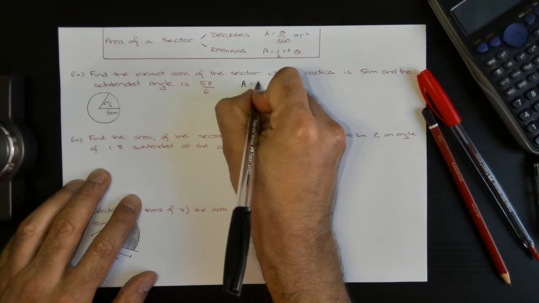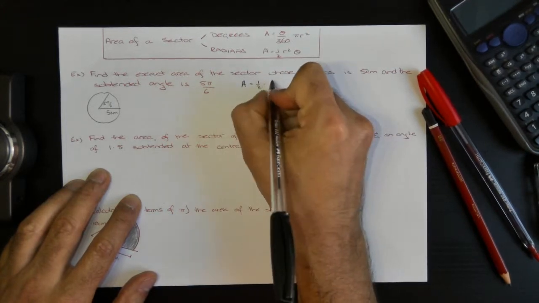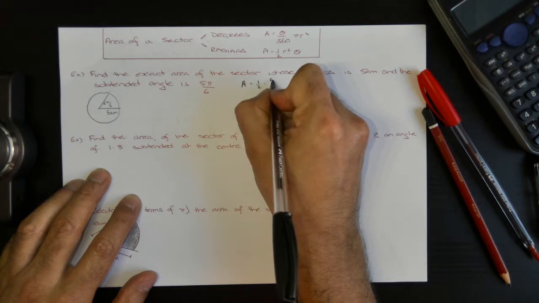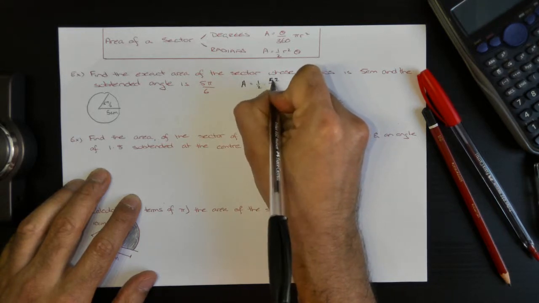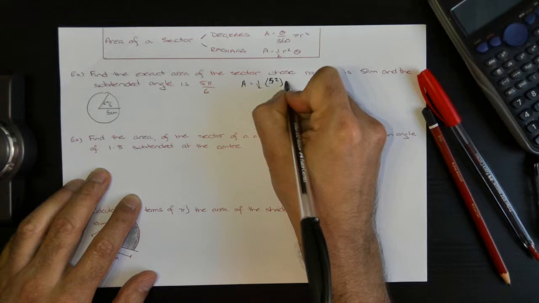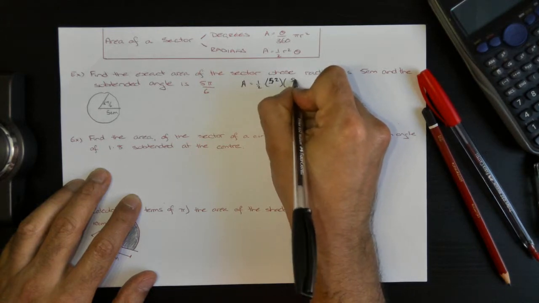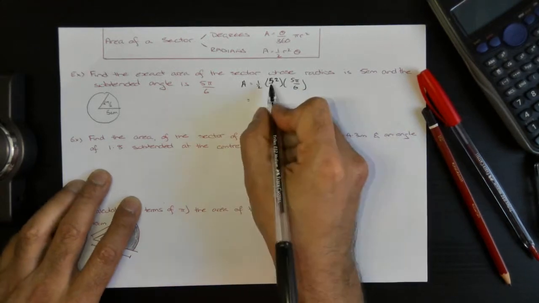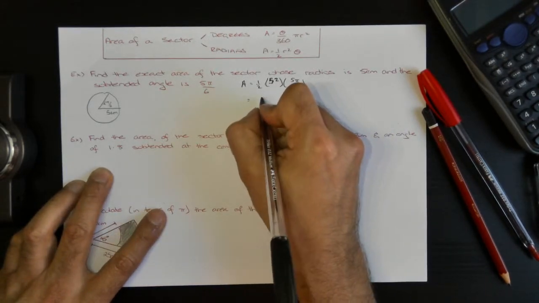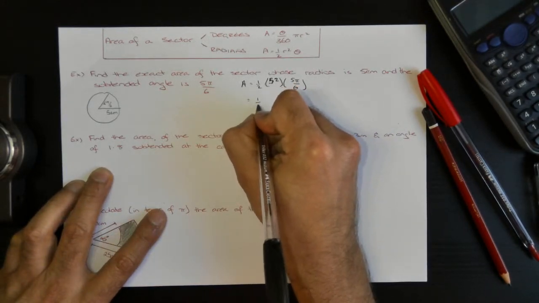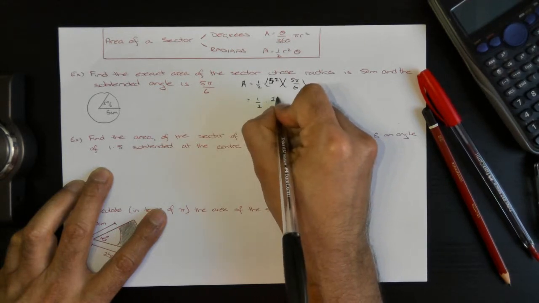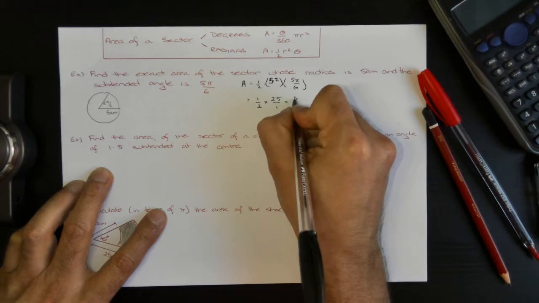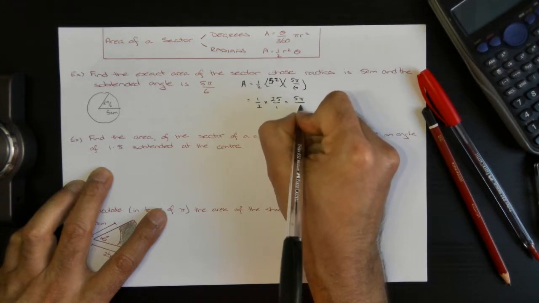So we're in radians, so we're going to use the formula A equals a half of 5 squared times 5 pi on 6. So that's basically a half times 25 over 1 times 5 pi over 6.